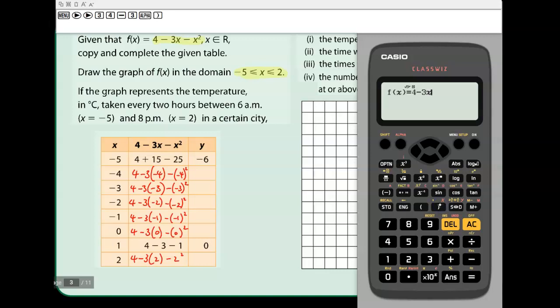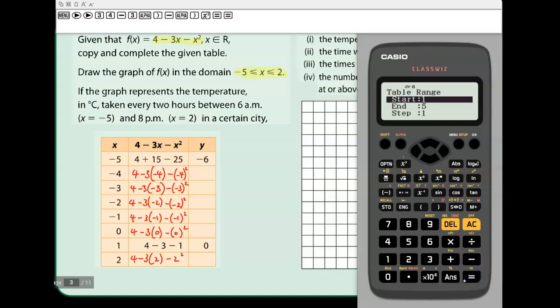Then we carry on with the remainder of the function. So it's minus, same again, alpha bracket gets the x, and then you press squared. So that's the function there, 4 minus 3x minus x squared. Once you've done that, you press equals. On the newer calculators, they also give the option of g of x, but we're not interested in the second function. So if you get that up, you just press equals again to go on to the next step.